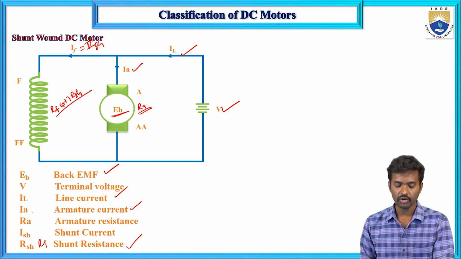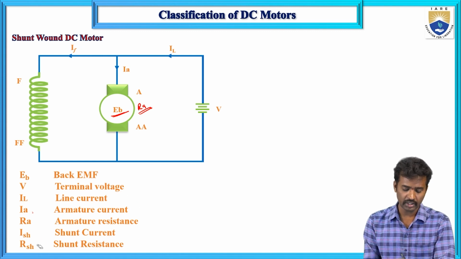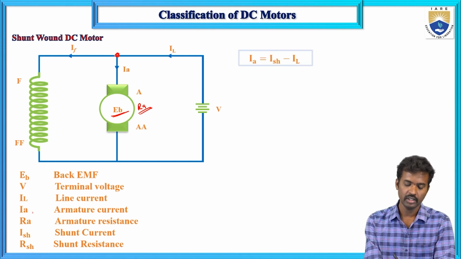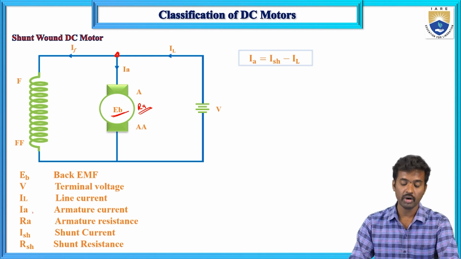Now let us see the formulas related to this: the IA current, ISH current, and EB back EMF. If you apply KCL, what is KCL? The algebraic sum of currents at a node equals 0, or the sum of entering currents at a node equals the sum of leaving currents.